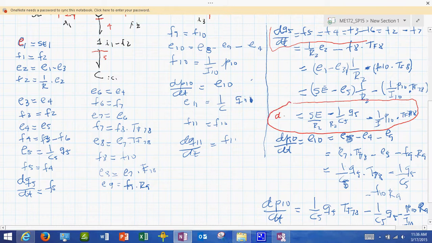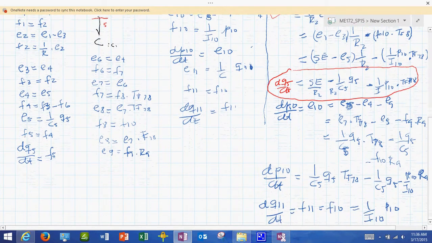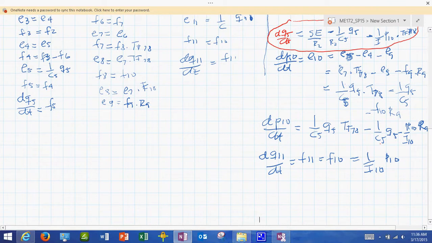This is dQ sub 5 dt. And you have the other equation for the second one. You have it in this form, and this one like this. Once you have those, you can use them for plotting.